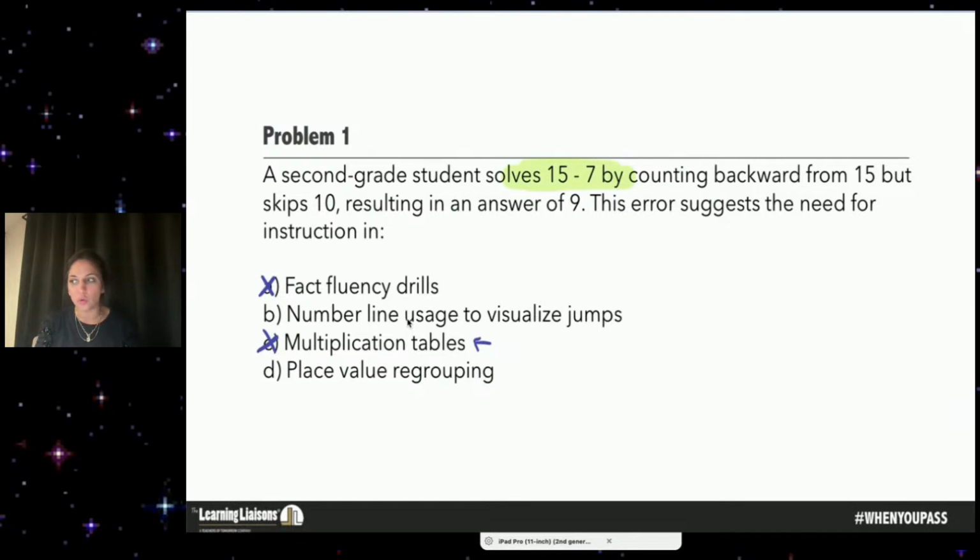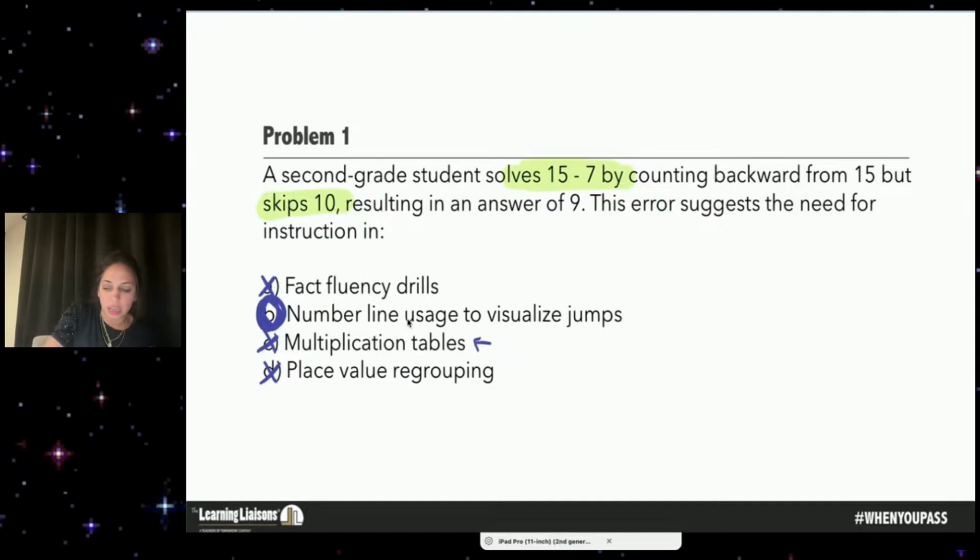Place value regrouping. So while this does require some sort of place value, and that might be a common error that people make because they skip that number 10, which goes right along with place value, they don't need place value regrouping. What this student needs is number line usage.